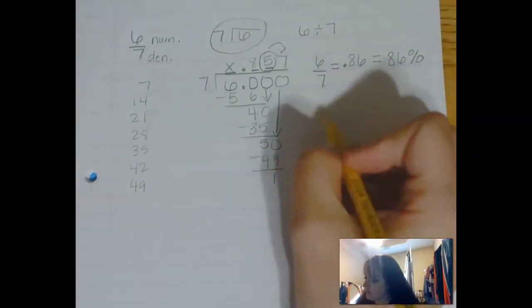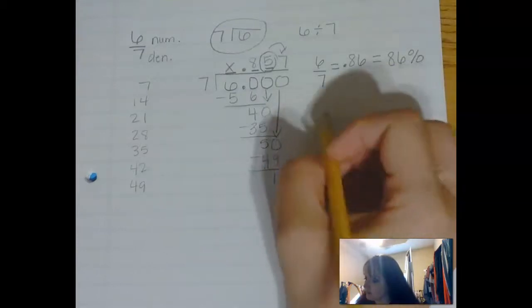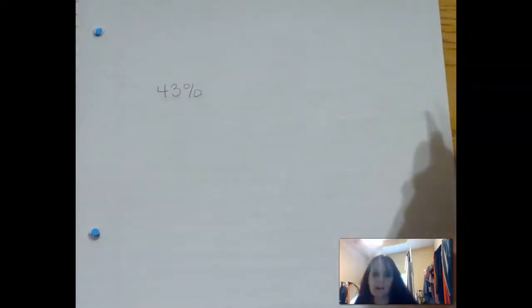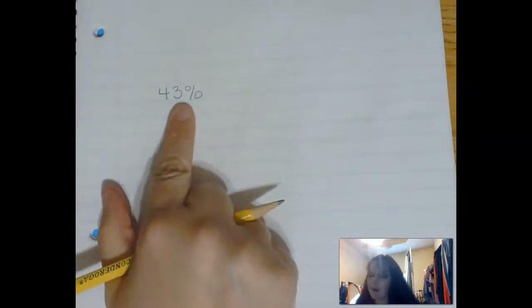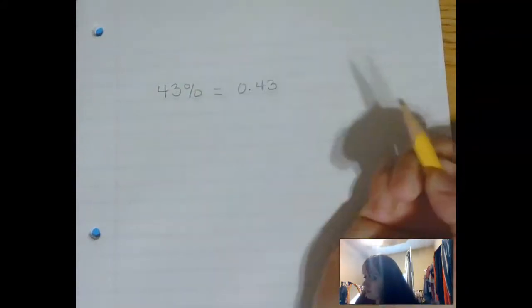If I'm given a percent, so let's say I'm given the percent 43%. All I do is it's 43 out of 100, because remember all percentages are out of 100%. 43% is equal to 43 hundredths.